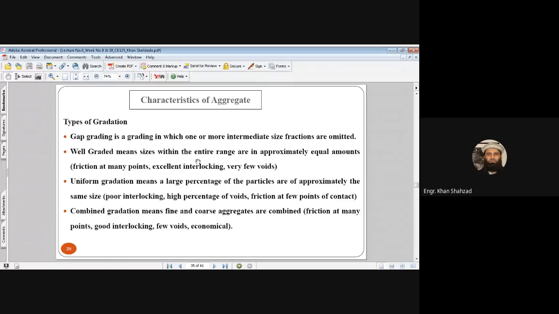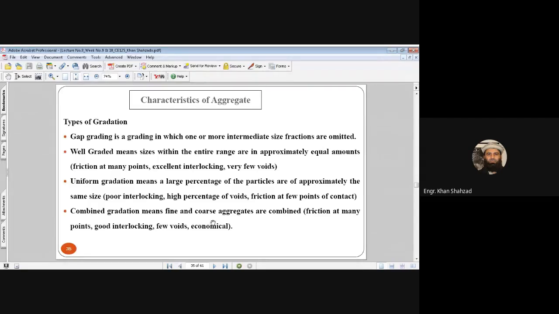This is one of the best. Uniform gradation means a large percentage of the particles are of approximately the same size. It will have poor interlocking, a high percentage of voids, and friction at very few points of contact between the particles. Combined gradation means fine and coarse aggregates are combined. Friction will be at many points, with good interlocking and few voids, and this will be economical.